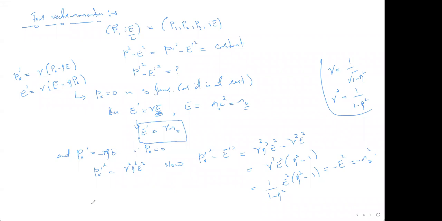So this is minus m0 square. So Px dash square minus E dash square is minus m0 square, because m0 is the rest mass, it is constant, it is invariant, so this will always remain invariant.